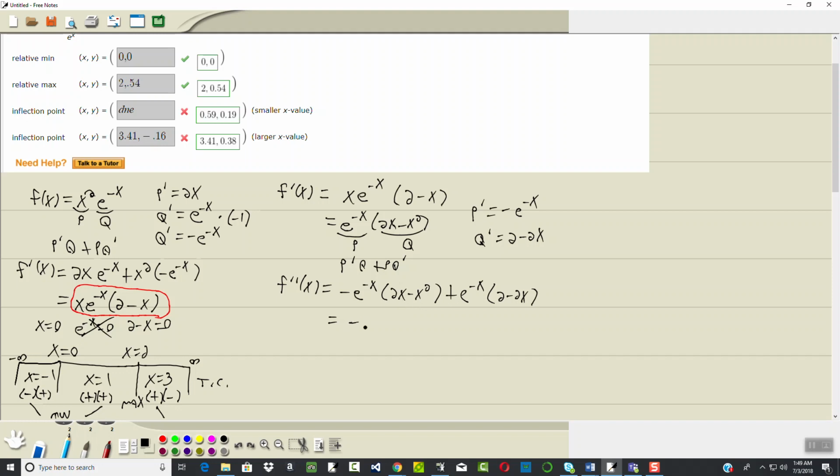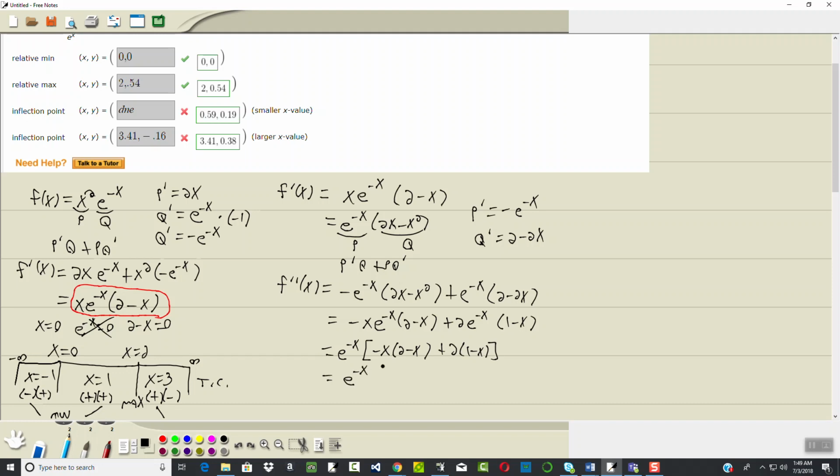Negative, and I can factor an x out of here. That's negative x e to the negative x times 2 minus x. I can factor a 2 out of here, and that gives us 2e to the negative x times 1 minus x. Now, I want to factor out an e to the negative x, and that's going to give us negative x times 2 minus x plus 2 times 1 minus x.